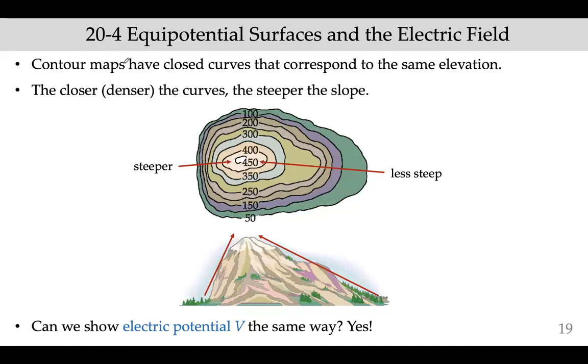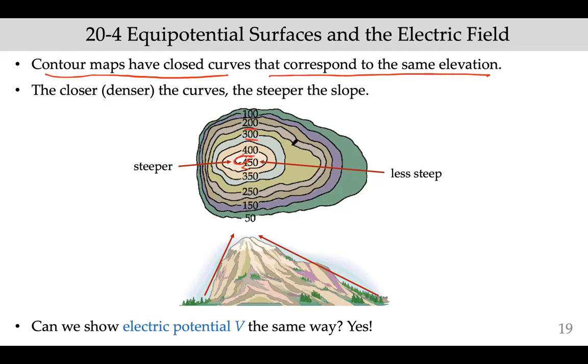So let's move now to equipotential surfaces and the electric fields. Contour maps have closed curves. You can see that they're all closed curves. Each curve corresponds to the same elevation. For example, here, if you're at the summit, the elevation is 450. If you move out from the summit, let's say if you go down, the elevation goes down.